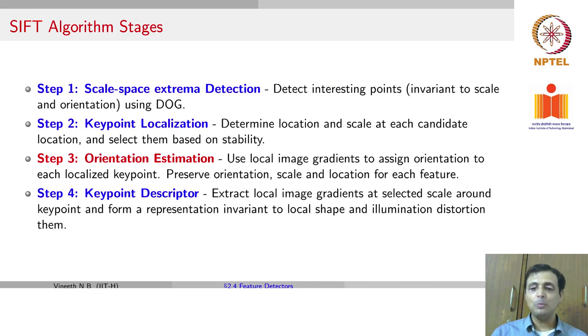So at the end of step 2, we have determined the exact location and scale at every extrema point, and we've also selected some of these key points based on stability by eliminating low contrast key points as well as edge points. Now coming to the next step, which is on estimating the orientation of these key points.